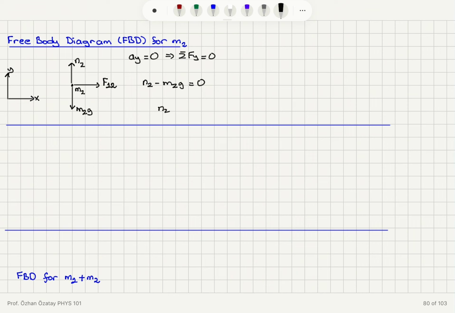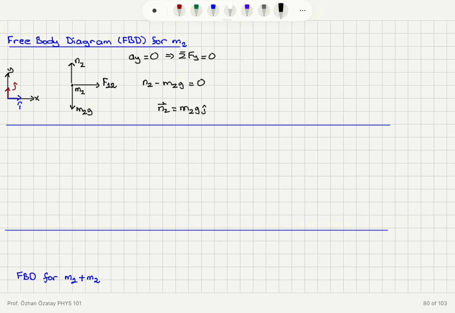The normal force it feels, n2, is m2g in j hat direction. So once again, this is our i hat direction, this is our j hat direction, the unit vectors. So we can write it in terms of the unit vectors.